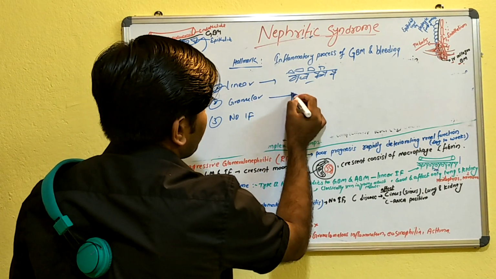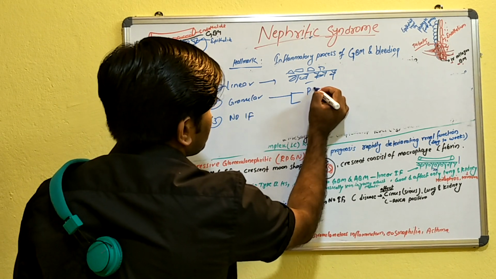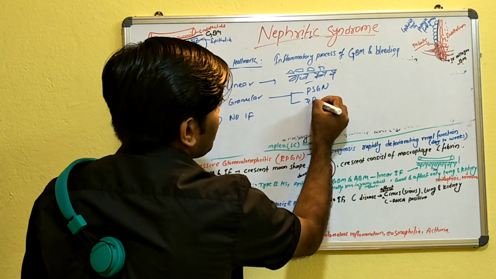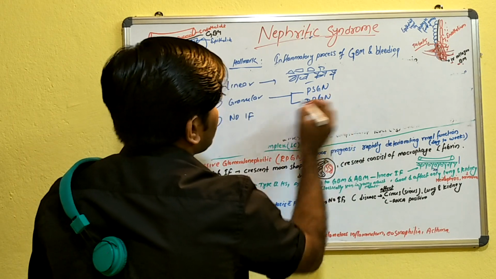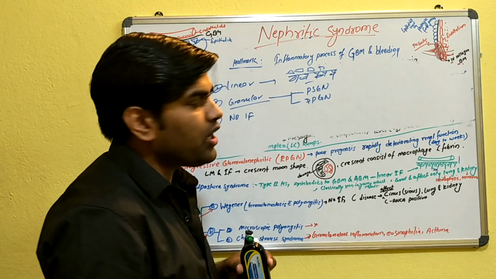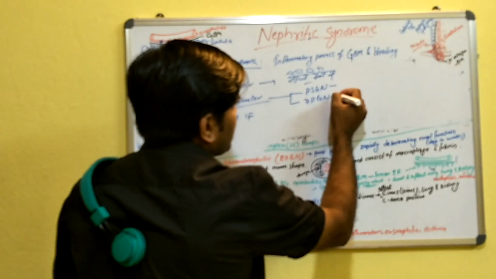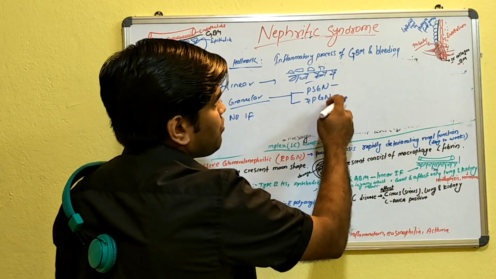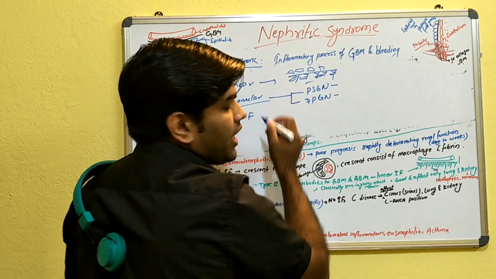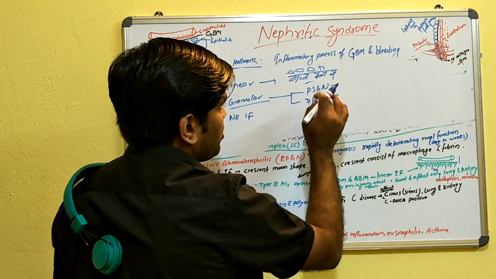In granular immunofluorescence, there will be post streptococcal glomerulonephritis, that acute one, and diffuse proliferative glomerulonephritis. These two will have the lumpy bumpy immunofluorescence. And how will we differentiate it? There will be a lot of features. Both are causes of your nephritic syndrome, but both will have granular lumpy bumpy immunofluorescence due to immune complex deposition.